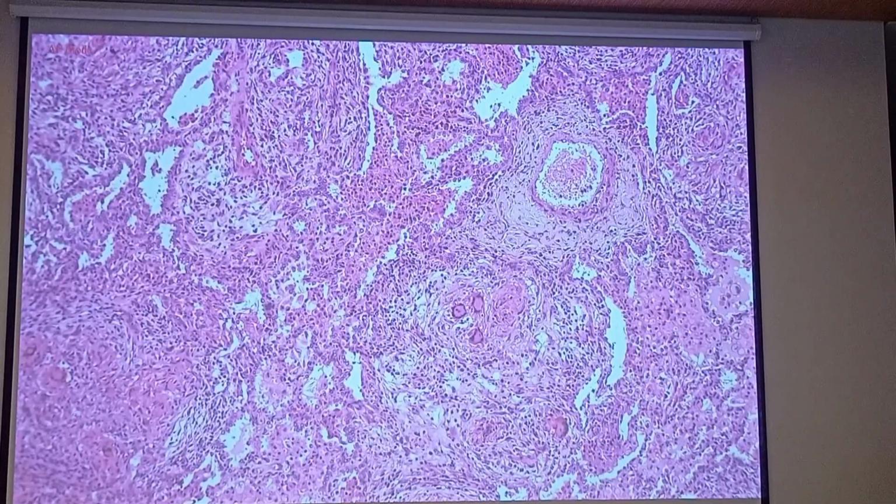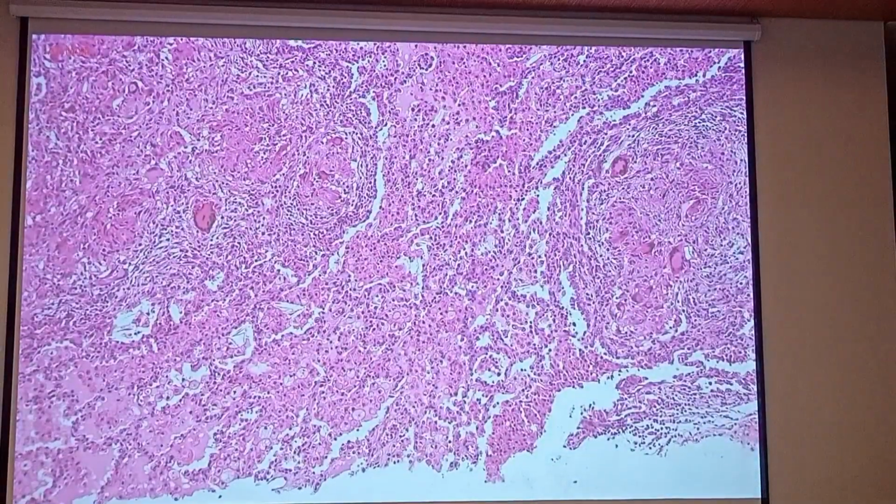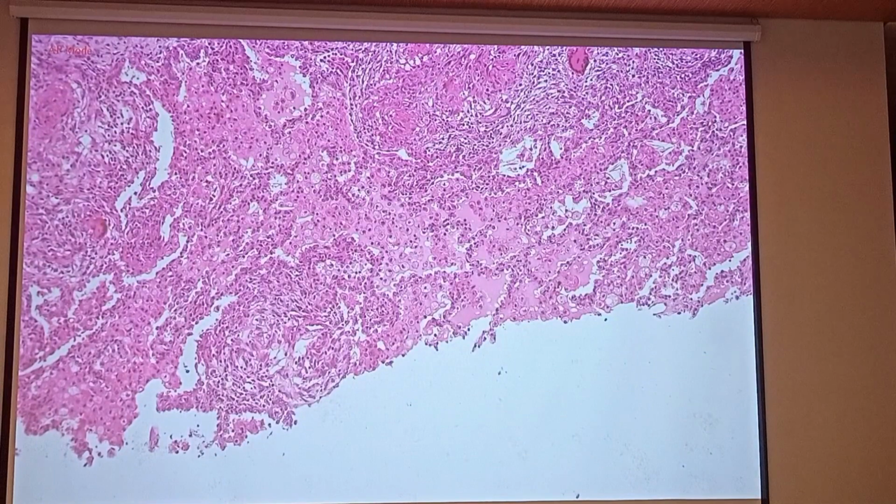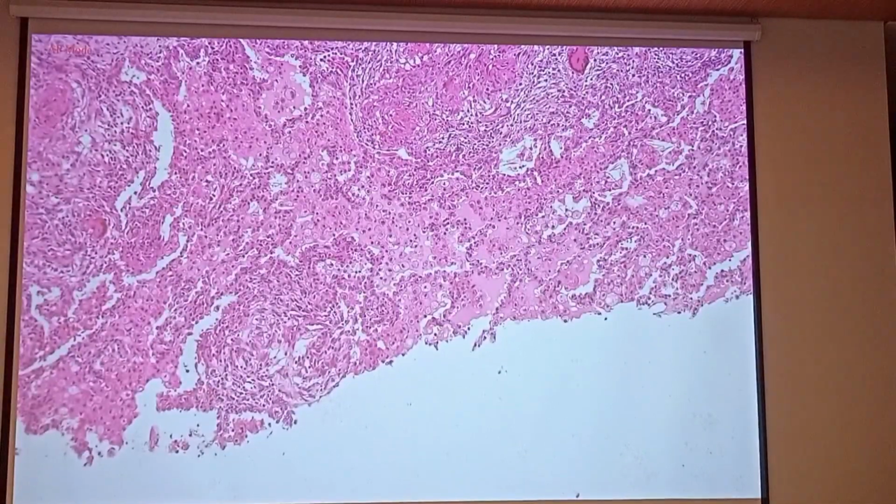So, when there is caseous necrosis, I can still appreciate the remnants of alveolus right here. But these alveoli have extensive edema, fluid in them, and the macrophages. These are not epithelioid macrophages. It's your regular macrophages.